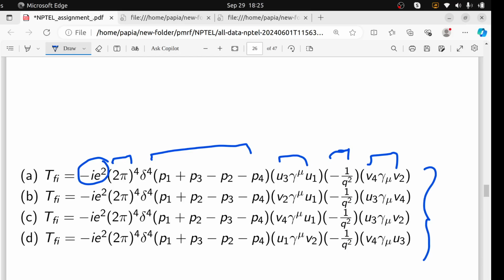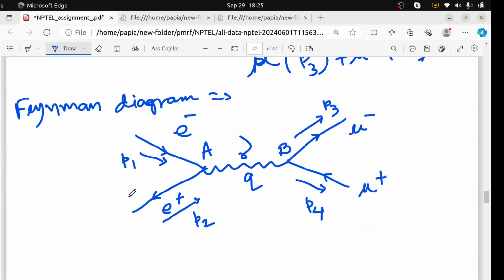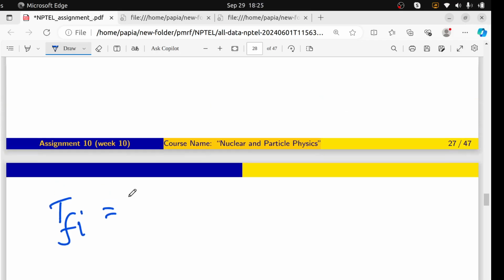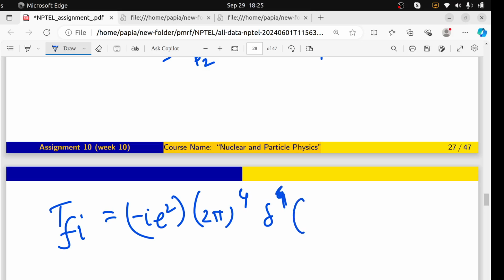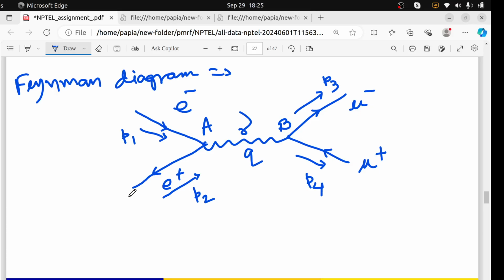Now in our Feynman diagram, how can we write this T, F, I? Obviously minus I e square, I am not bothering about this one. 2 pi to the power 4, I am also not bothering. Just say delta 4. Delta 4 means obviously the Feynman diagram should conserve four-momentum. Here P1 is coming, P2 is coming, incoming direction. P3 is going, P4 is going.